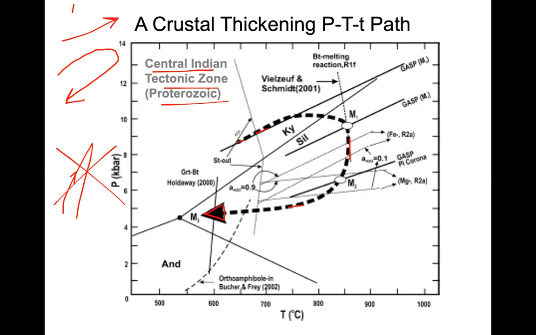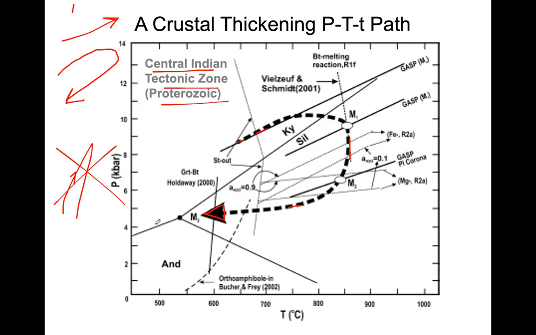So this is a crustal thickening PT path, and when we draw PT paths in diagrams, we have to use some reactions as well. In that case, we term this type of diagram a petrogenetic grid, because it shows some reaction lines or mineral stability fields. So you see different reaction lines.